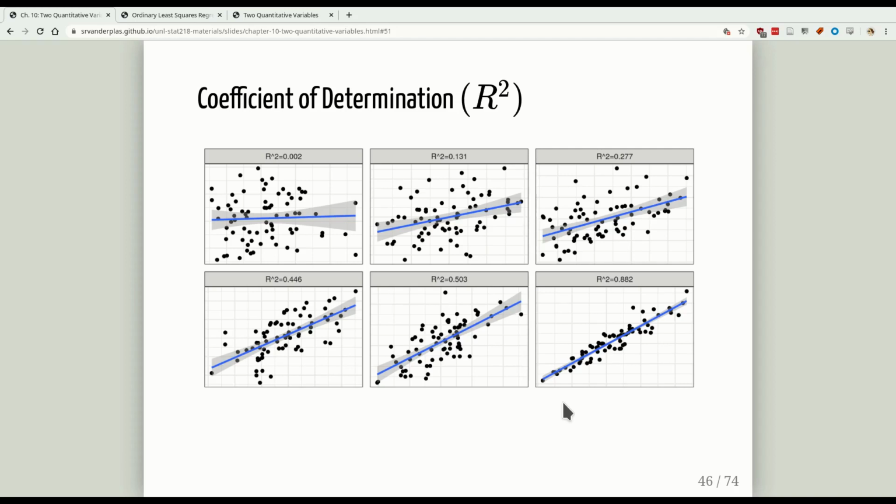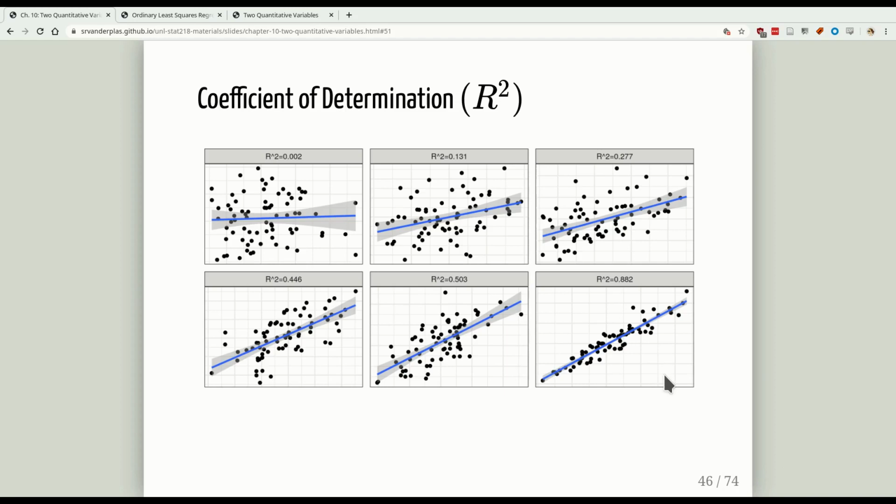And notice that the slope doesn't really matter so much. What matters is how tightly clustered those points are around the line. We can have a fairly shallow slope, corresponding to a relatively small b value, but if the points are tightly clustered around that line, then it doesn't matter that the slope value is small.